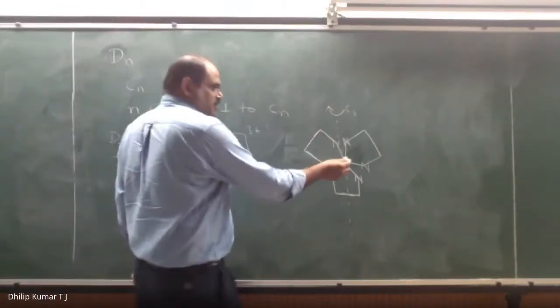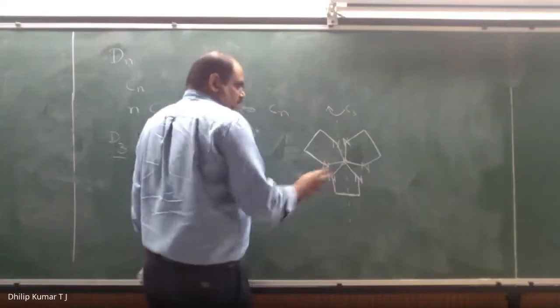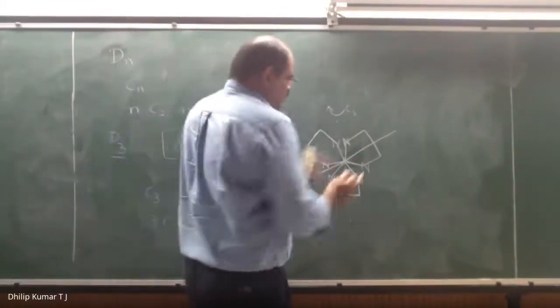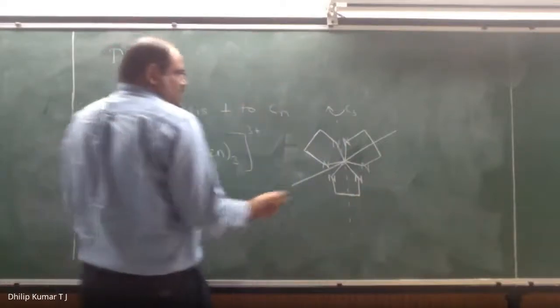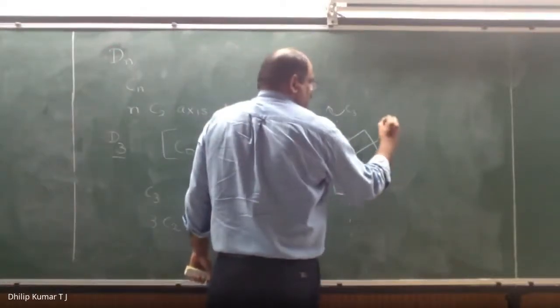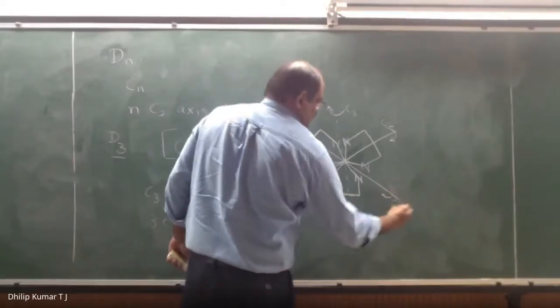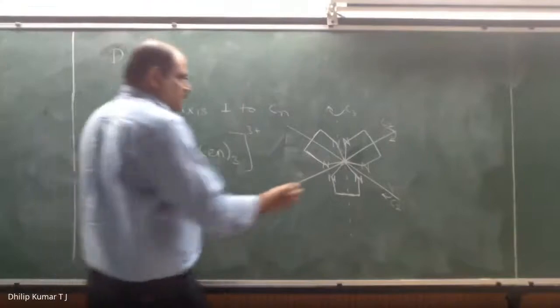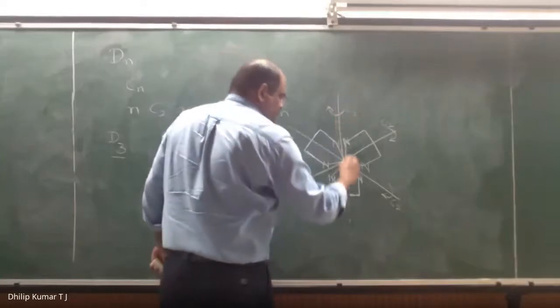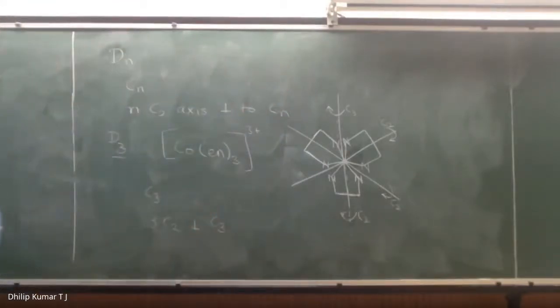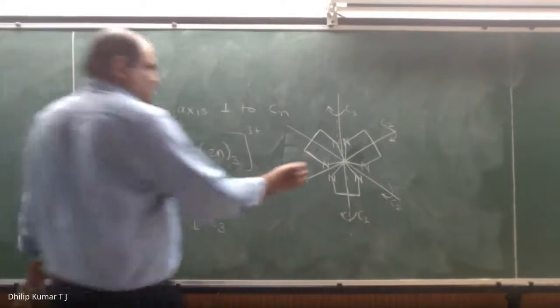So C3 we consider perpendicular, across the board, and then C2 you can consider passing on this side, which is cutting the molecule into 2. So that is 1 C2. Similarly, you can have one more here. And then again, you can cut the molecule through this ethylene. So there are 3 C2s perpendicular to the C3 axis, which is the principal axis.